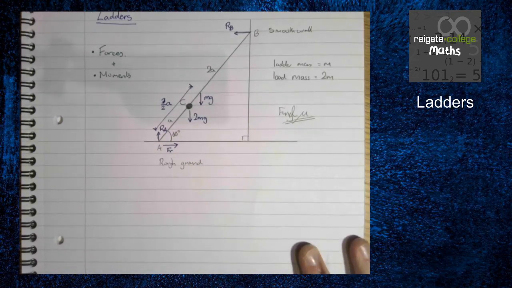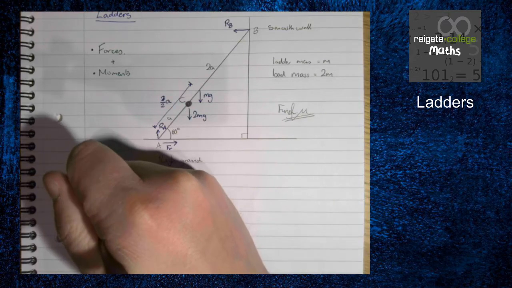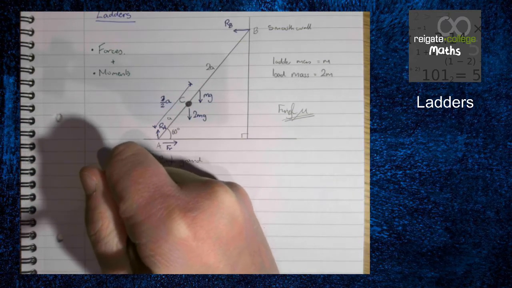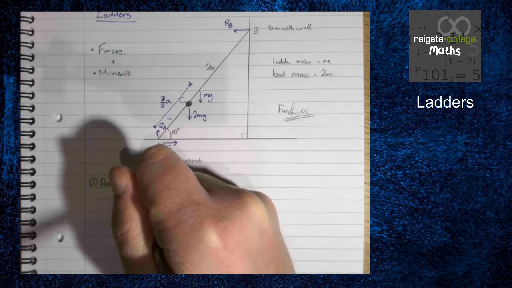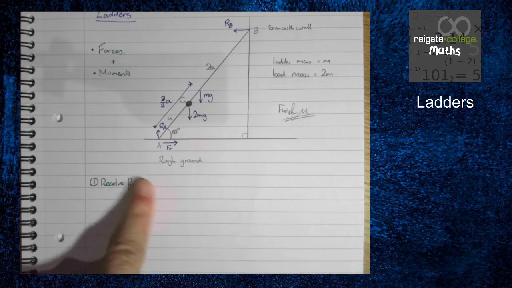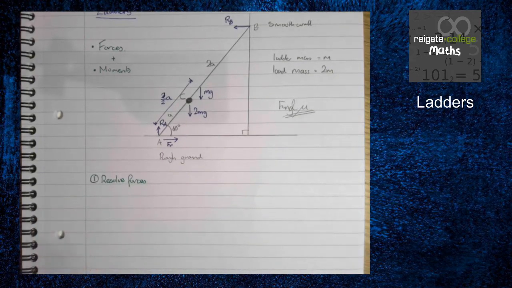This is very typical of the first thing you do with a ladder type question, is you resolve forces. Now this method does have a lot of steps, so I'm going to label them as we go. Everything I write in green, like this, is not what you'd specifically write in the exam. It's to help. So let's resolve forces vertically.